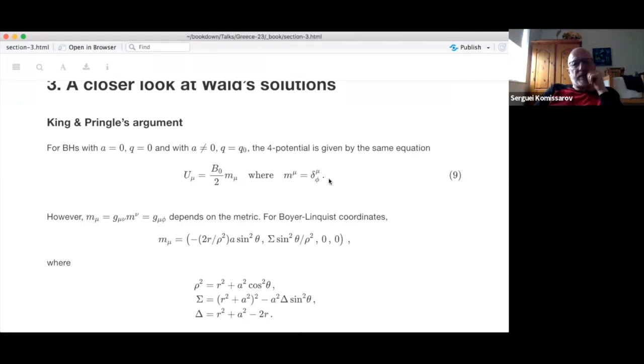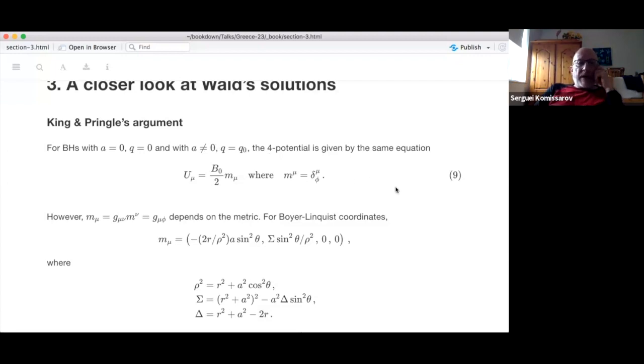Psi is the azimuthal Killing vector in an axisymmetric spacetime. And the contravariant components of this vector are just given by the delta function. Okay, so they're the same for Schwarzschild black hole, non-rotating black hole, and for Kerr black hole, which is a rotating black hole.